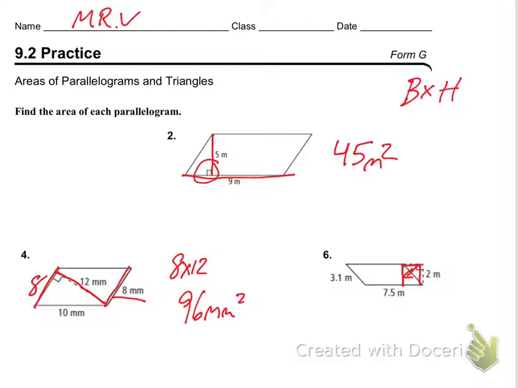So what that would look like is the 90 degree would be right here. So that would mean this would be your base, and then this right here would be your height. So you would do 2 times 7.5. The 3.1 doesn't matter. So 2 times 7.5 is going to give you 15 meters.